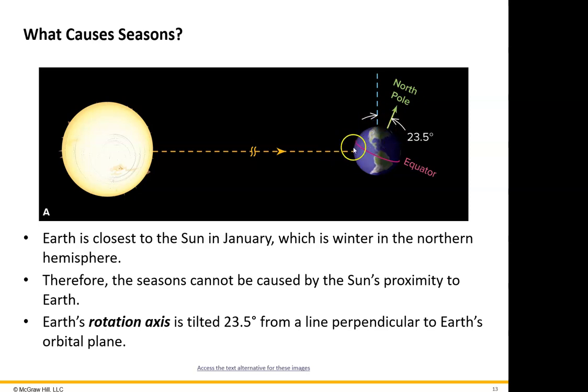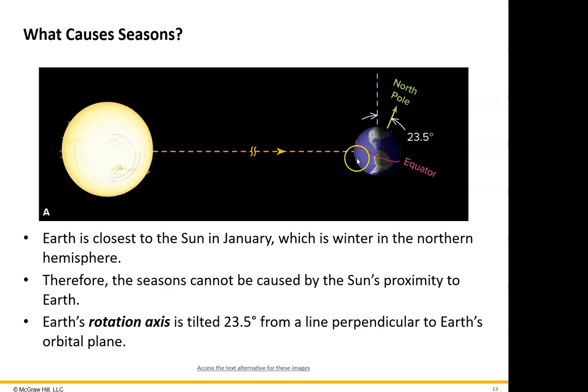And when the southern hemisphere is tilted towards the sun, as it is right here, at the same time, that would be summertime in the southern hemisphere. So if you lived in Argentina or Chile or Australia or South Africa, that would be your summertime.